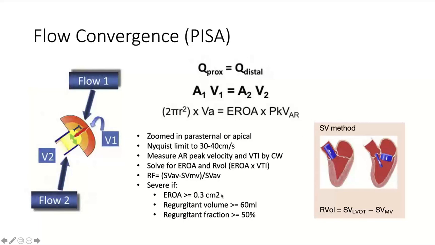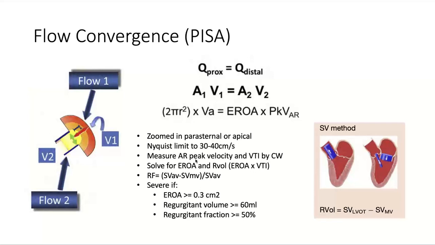This is more of a quantitative method. If the EROA is over 0.3 centimeters squared, that's consistent with severe. Typically with the Nyquist limit, you want to aim for about 30 to 40 centimeters per second. Best views are parasternal or apical, wherever you're seeing it best. Also, when determining the peak velocity of regurgitation, you typically want to measure the VTI.